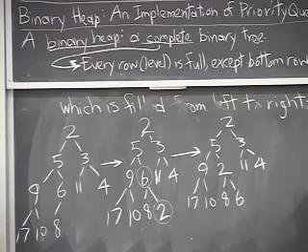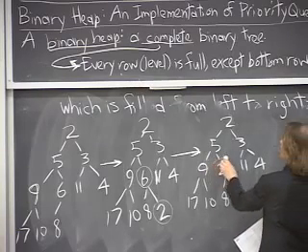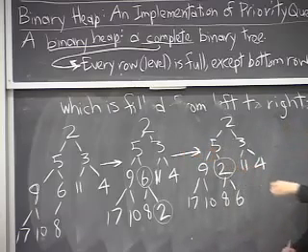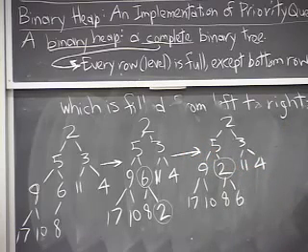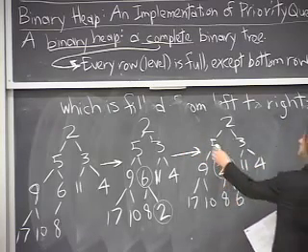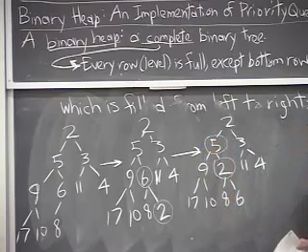Okay, so now x has moved one step, one level up the tree. And now we repeat that loop. Once again, we compare x with its parent. And now its parent is 5. So we've got to take another step.